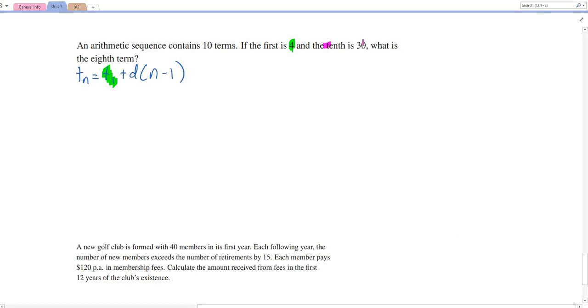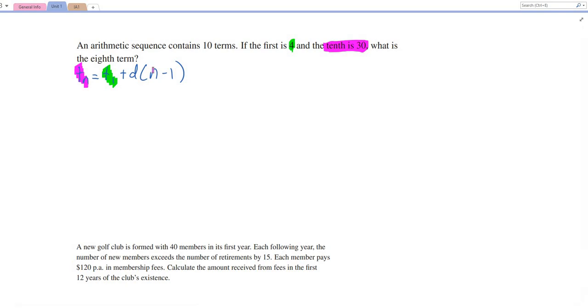I know the 10th term is 30. What can I do with that information? Tn. And if I know Tn is 30, what else do I know?